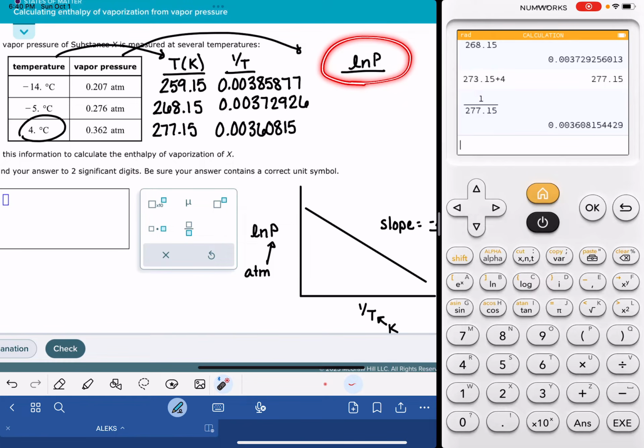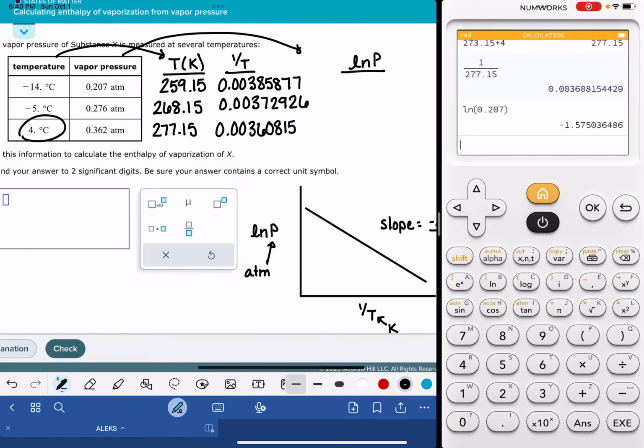Now for our next set of data, our pressure data, this one's going to be a little bit easier. We just need to know the natural log of all 3 of these pressures. The first pressure is 0.207. The natural log of that, with 6 sig figs again, is negative 1.57504. Our next pressure is 0.276.